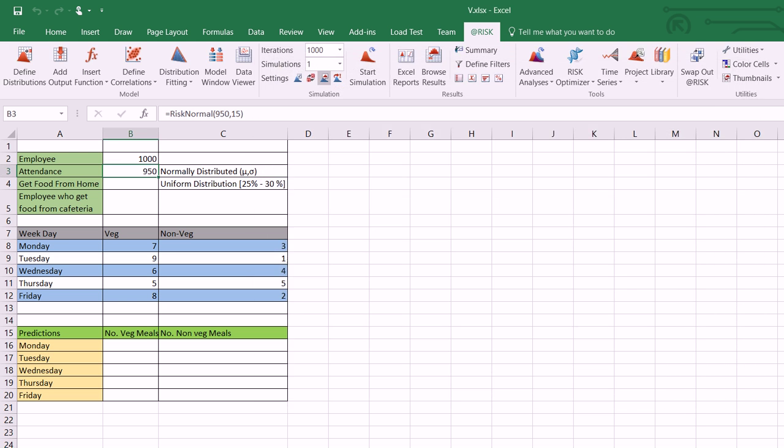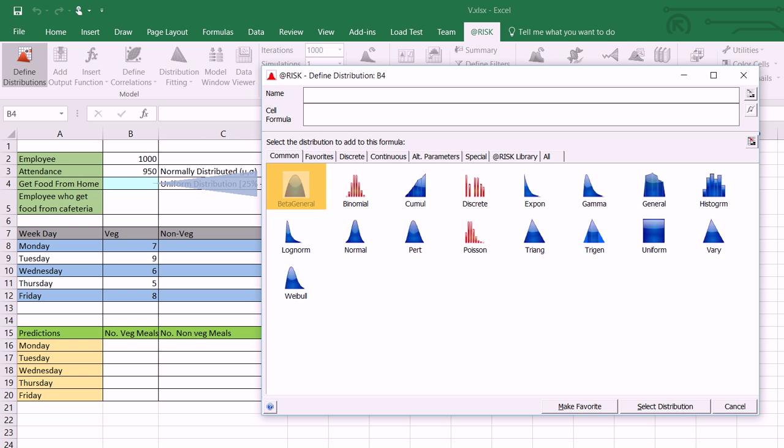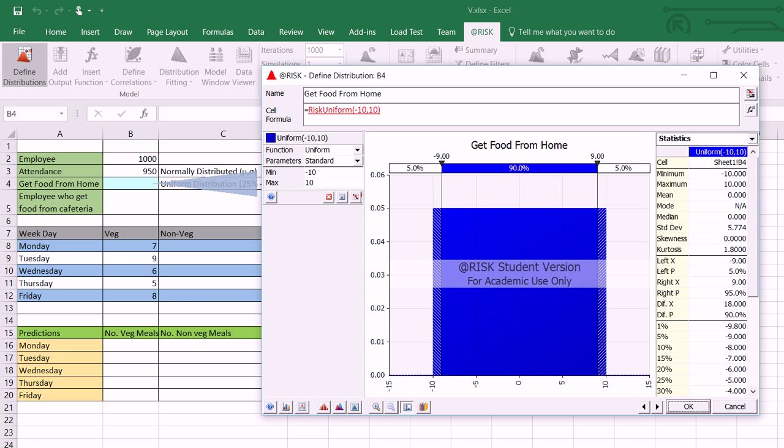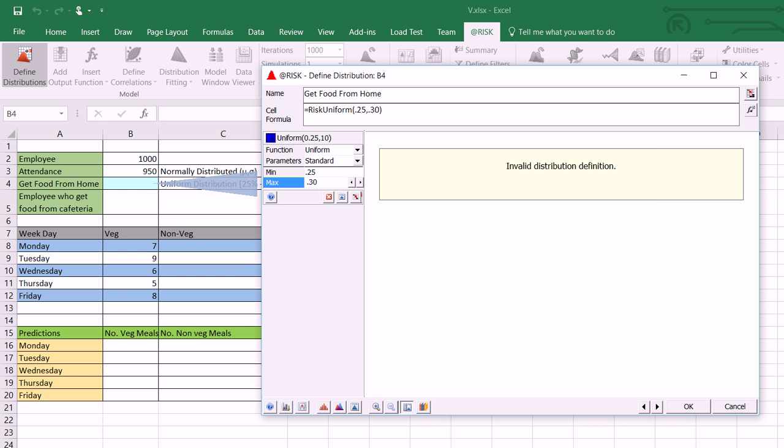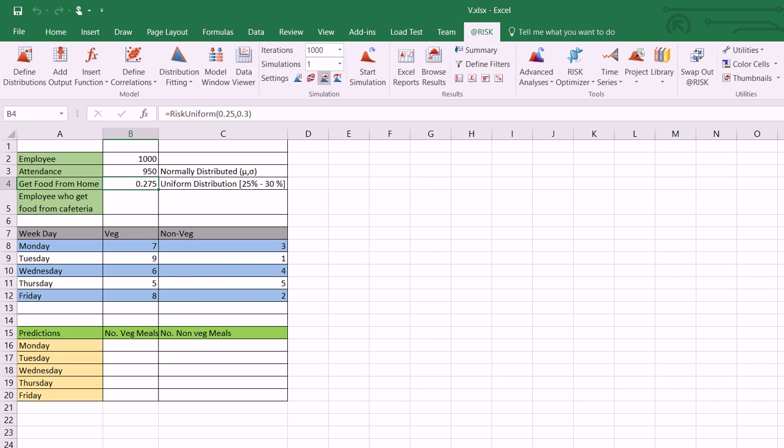I say okay. Then, of the employees who actually come to work, 25 to 30% get food from home, which is a uniform distribution. So let's define that. We have a range here, so 0.25 and 0.30. So that's the range.